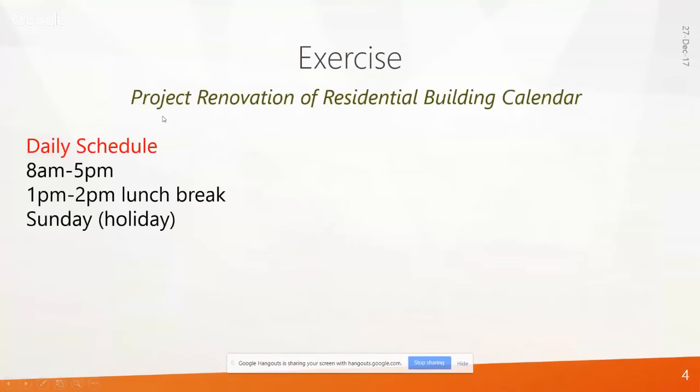Daily schedule means you have to set the company starting time, that is 8 a.m. to 5 p.m. 1 p.m. to 2 p.m. is a lunch break, and Sunday is a holiday. This is your daily schedule.